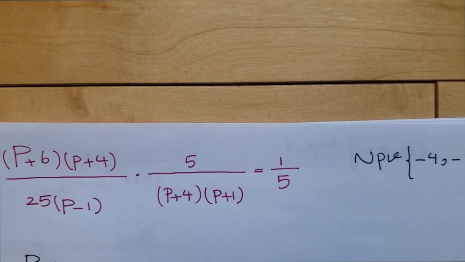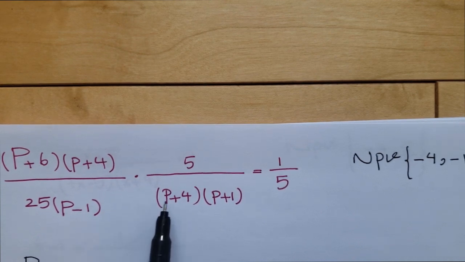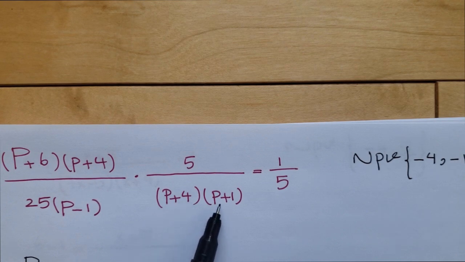Okay, next equation would be two big fractions multiplied by one another equals 1/5. So first step would be defining the restriction or NPV. So p minus 1 should not be 0. P plus 4 cannot be 0. P plus 1 cannot be 0. From all of these, you can say that the NPV values would be -4, -1, and 1.